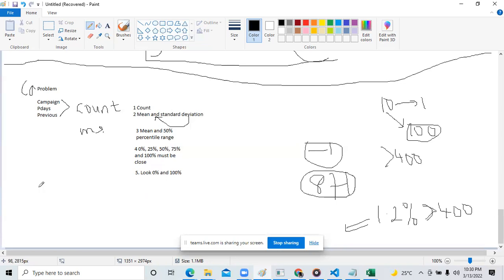It means that if you have 1,000 data sets, only 12 data sets out of this 1,000 are greater than 400. That's what it means. What does this mean? Exactly. So what are you supposed to do to this row?